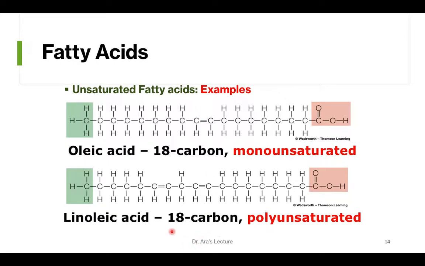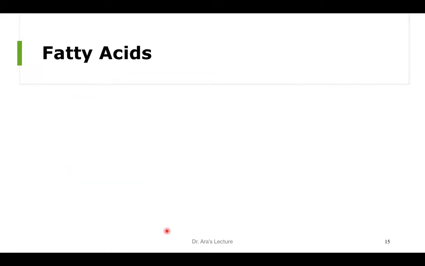Here we have linoleic acid, 18 carbons, but we see more than one double bond. So there are 2 positions between 2 carbons lacking hydrogen. That's why this is polyunsaturated, and the name of this unsaturated fatty acid is linoleic acid, a polyunsaturated fatty acid.